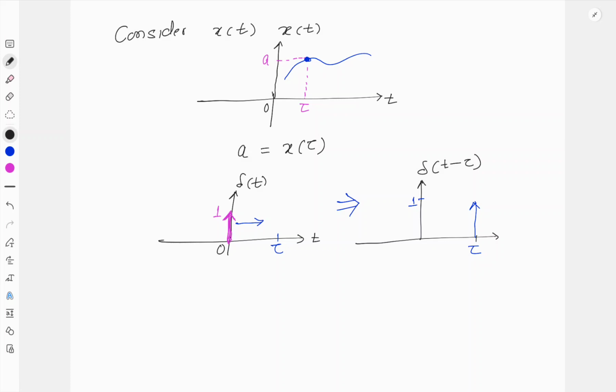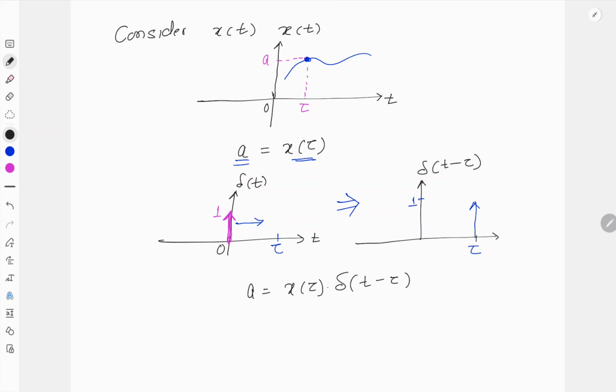Now if we consider this a point, this point is nothing but the amplitude of the signal at a single point. So it is as good as a constant value. Now this a can be represented as x of tau multiplied by delta of t minus tau.